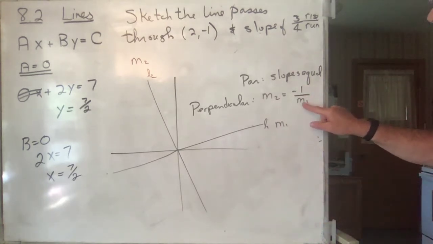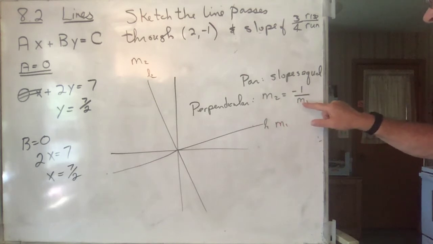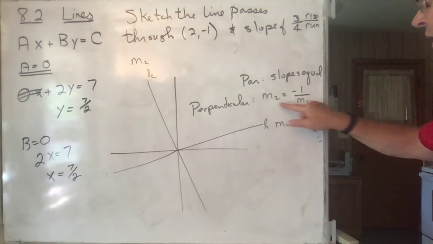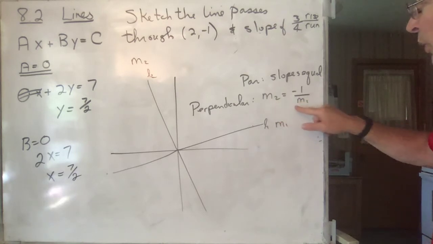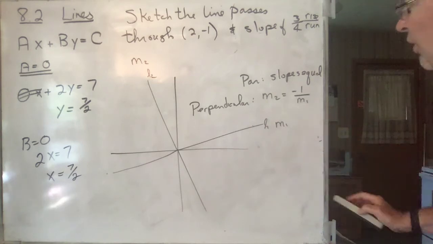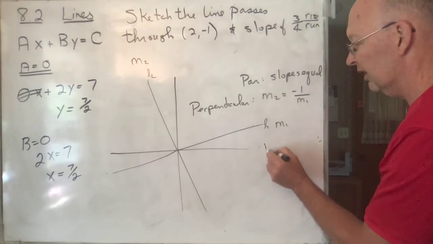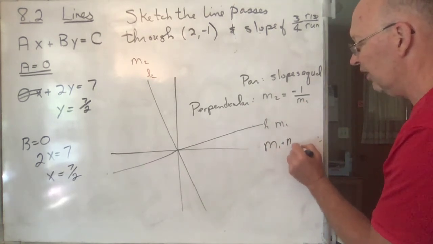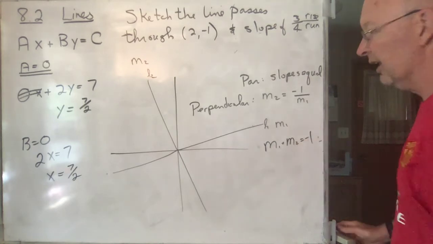So the bigger this is, the smaller this is. Okay, they're inversely related, and also by a negative 1. So in other words, another way of writing it is that m1 times m2 is equal to negative 1.